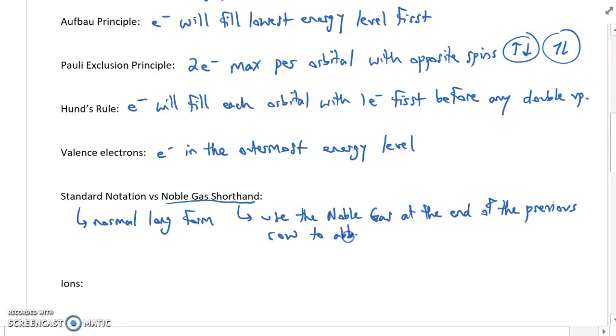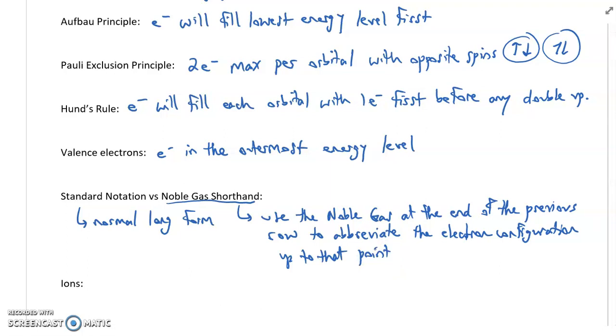So we'll use that notation, and we actually just write the formula for the noble gas, its atomic symbol, in brackets, and that summarizes all of the electron configuration up to that point on the periodic table, which again I'll show you in just a minute. This becomes very useful when we start writing longer and longer electron configurations.